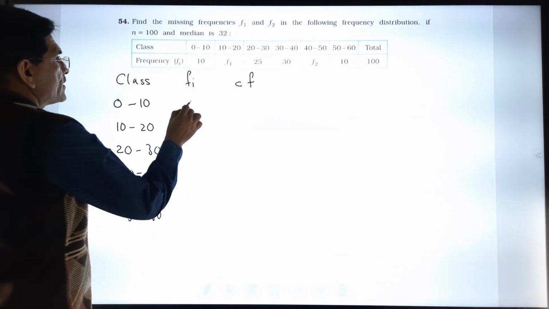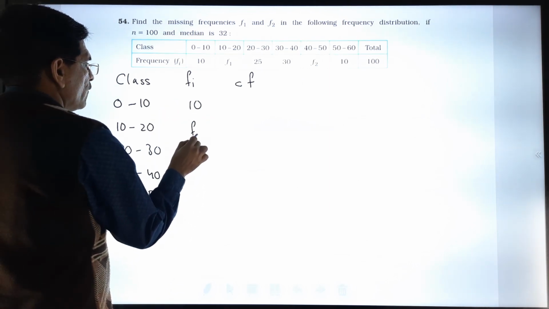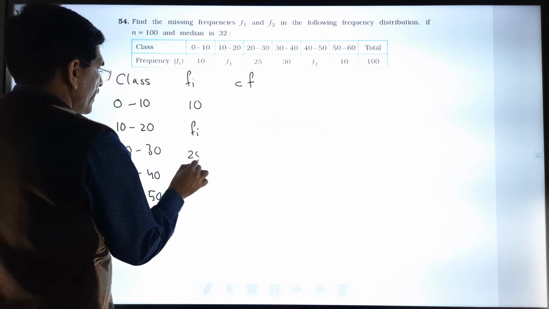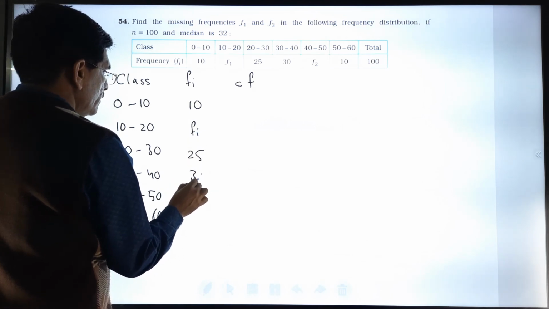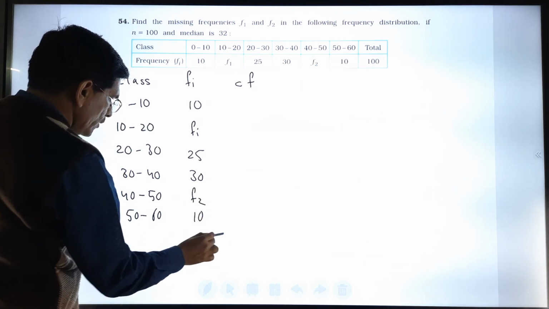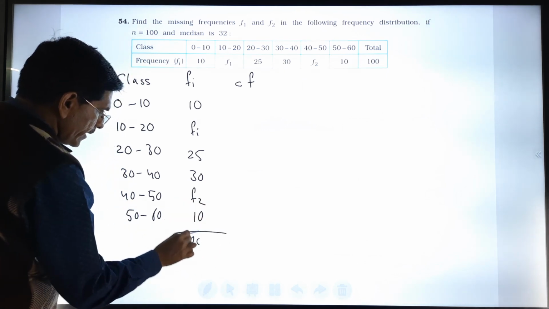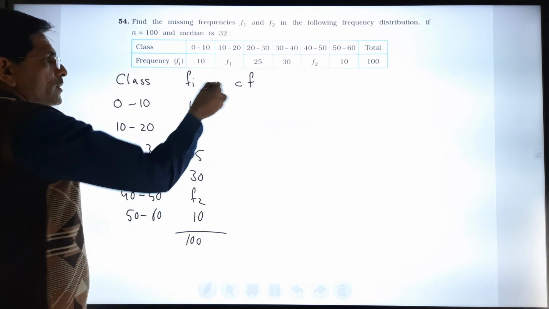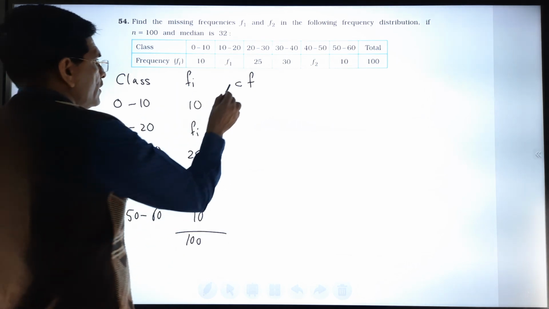Now the frequencies are 10, F1, 25, 30, F2, and 10, and the total is given as 100. Now you know how we can find out CF.